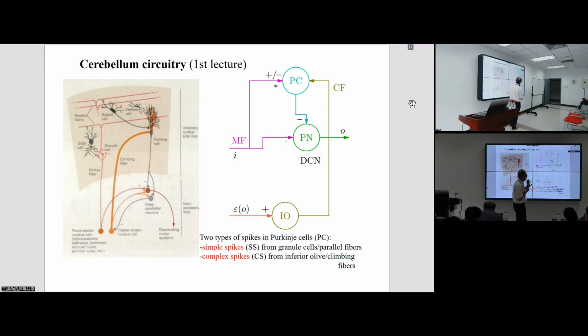Somehow the olive is supposed to know what you have to do, how the task will be achieved, and so it will send an error signal to this Purkinje cell, and this will change the firing of this Purkinje cell by modifying the synapse here between the parallel fiber and the Purkinje cell.